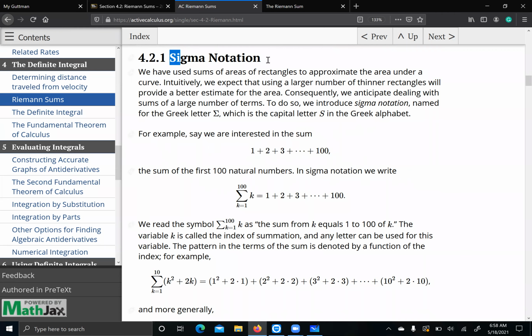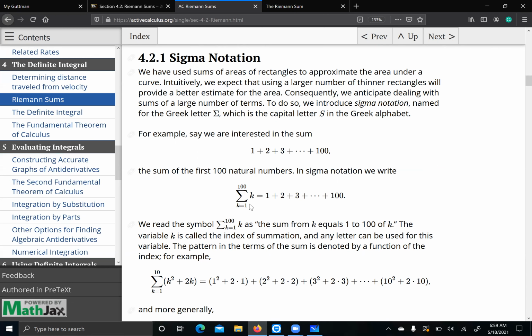What is sigma notation? For example, let's say you want to add all the numbers between 1 and 100. So you say 1 plus 2 plus 3 plus 4 plus 5 up to 100. The alternative way to denote this summation is using sigma.